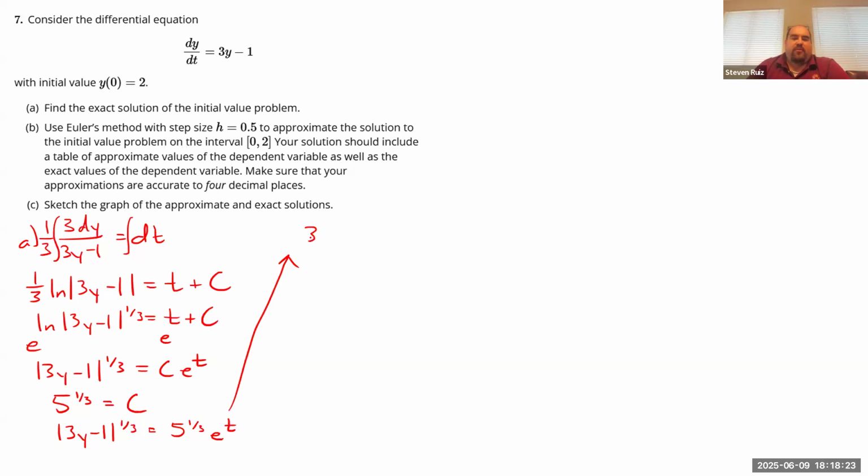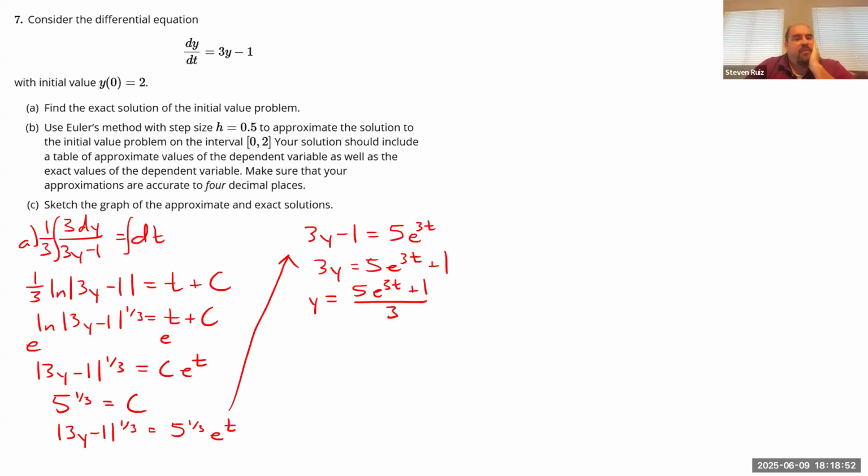That gives me 3y minus 1 equals 5e to the 3t. Add 1 to both sides, 3y equals 5e to the 3t plus 1, and y equals 5e to the 3t plus 1 all over 3. So this is the exact solution.